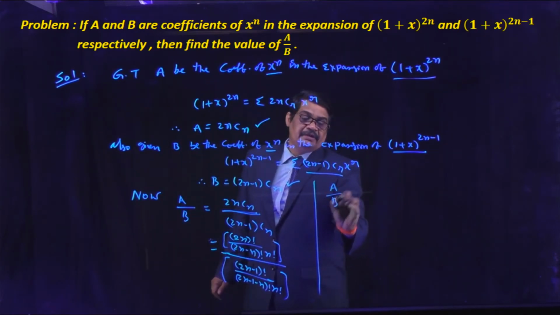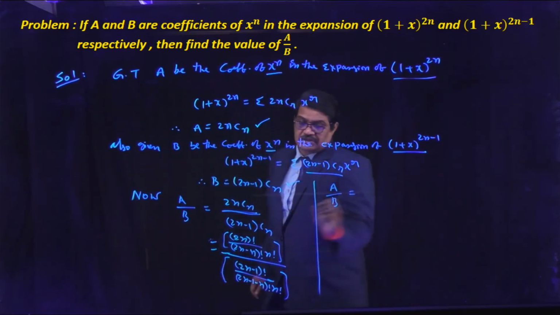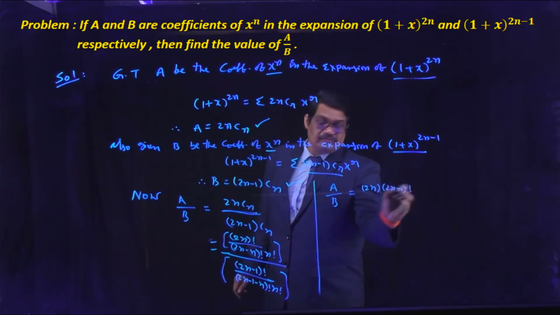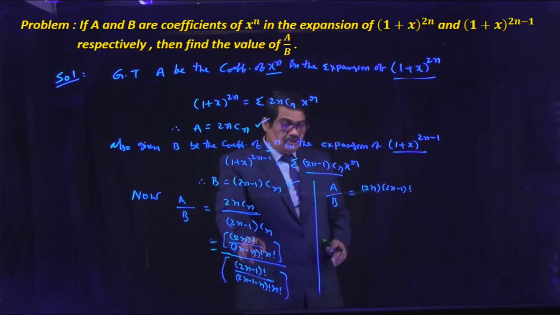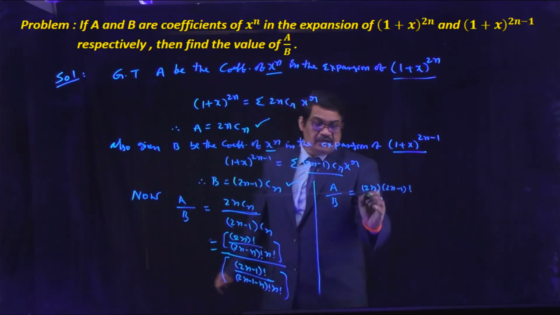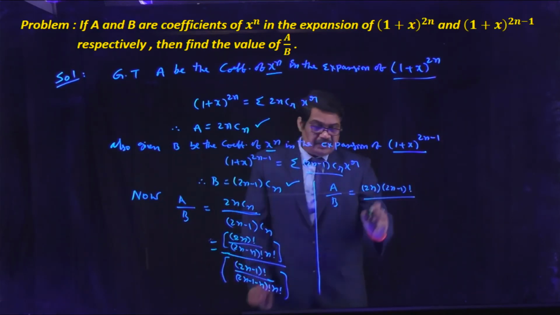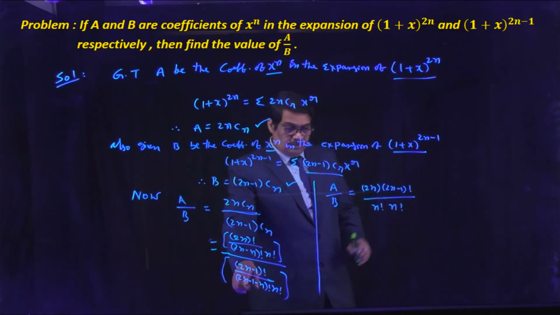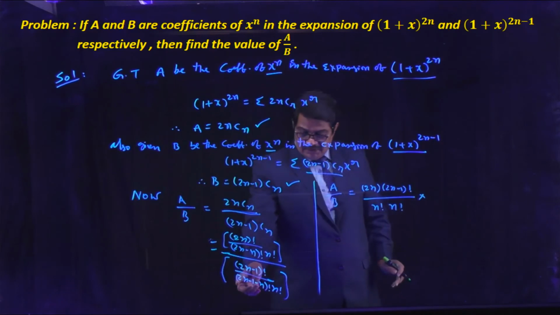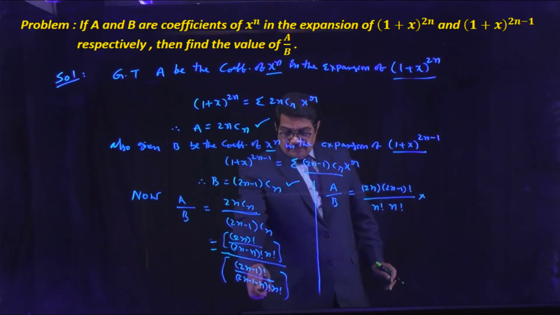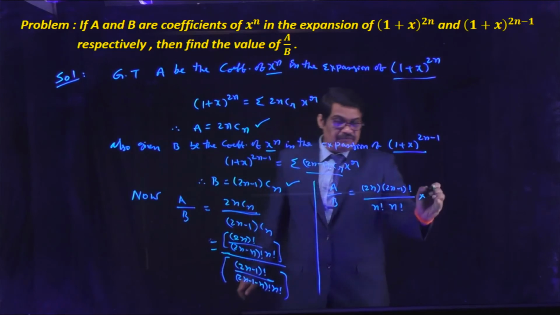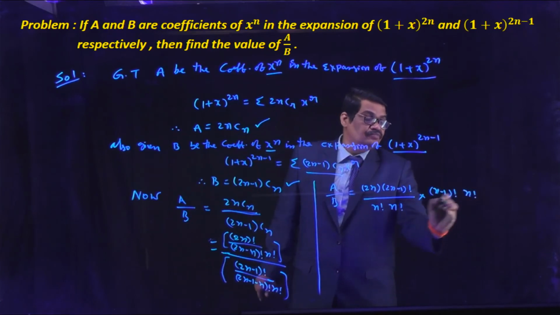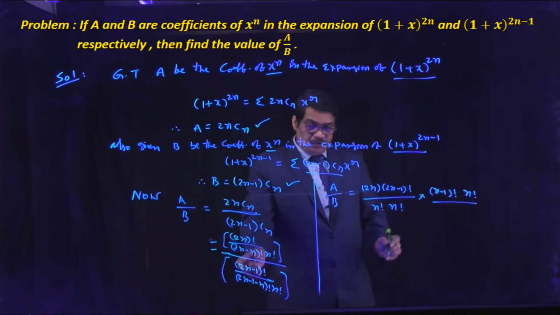A by b is equal to, here 2n factorial can be written as 2n into (2n minus 1) factorial. In the denominator, 2n minus n is n, so n factorial into n factorial, which comes to the numerator. The other denominator is (n minus 1) factorial into n factorial by (2n minus 1) factorial.